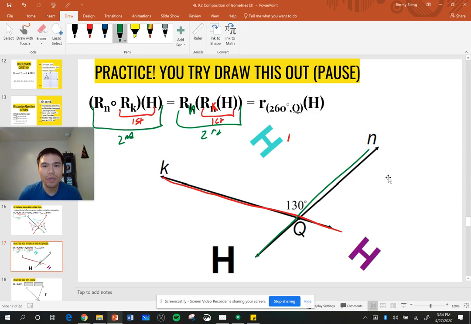In this case, this rotation is 260 degrees of point Q, right between those intersecting lines, or right there in the intersecting lines. And that's it. I mean, there's really no way to measure that it's 260 degrees at this point. I guess one way to say it is, well, if this is 130 degrees right over here, then since this is a straight line, this would have to be 50 degrees, right?